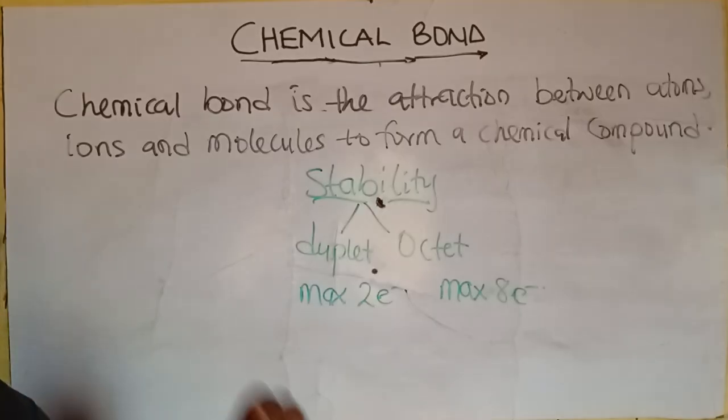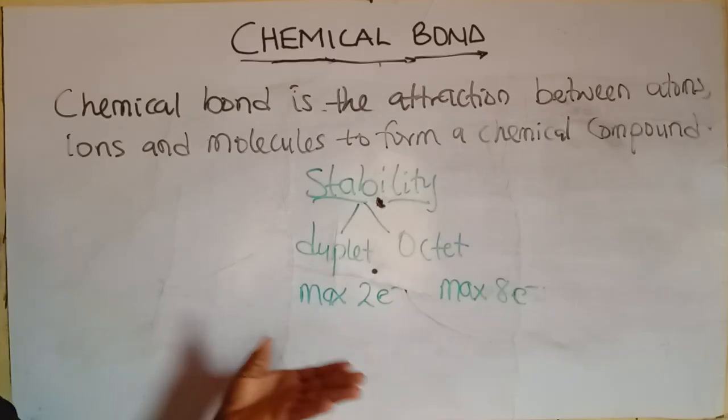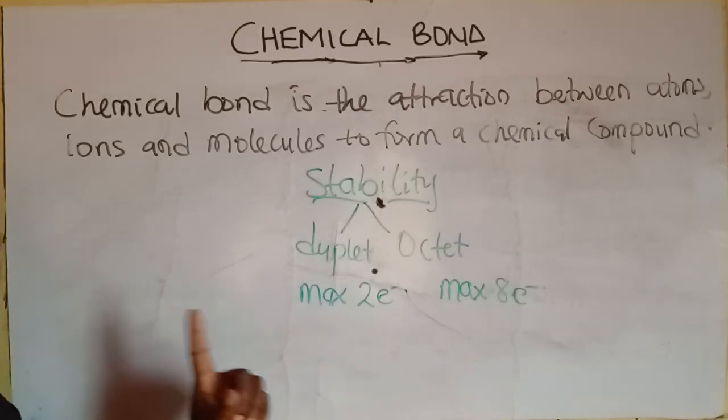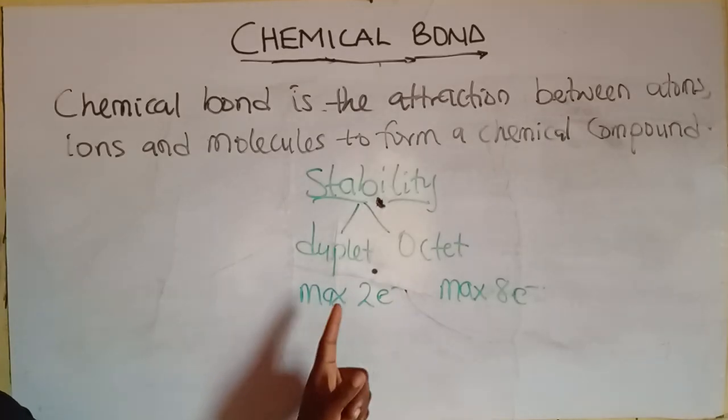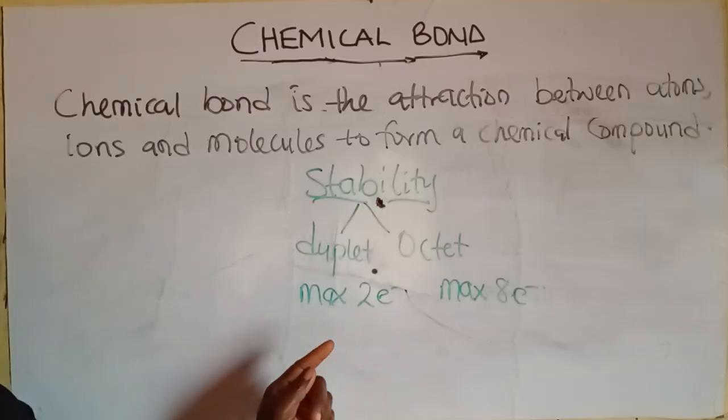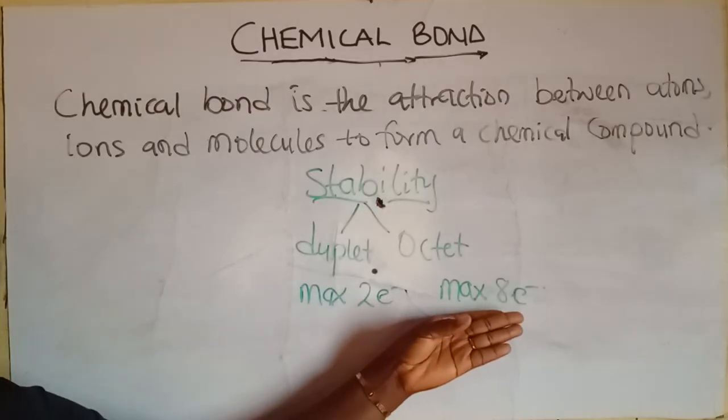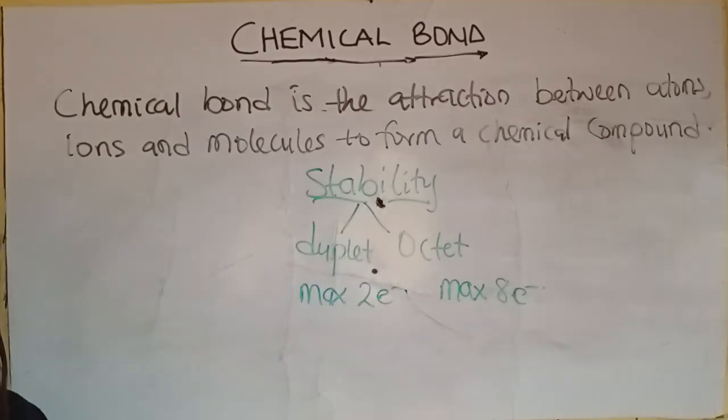Now, the group 8 elements, which are the noble gases, do not undergo chemical combination because each of them has achieved this stable configuration, with helium, the first member, having 2 electrons in its outermost shell, and other members of the group have 8 electrons in their outermost shell.